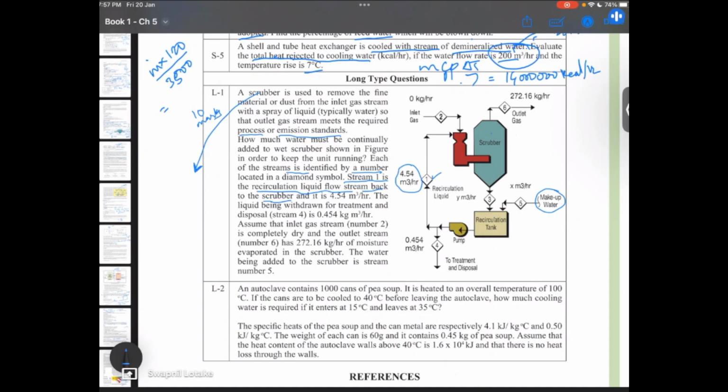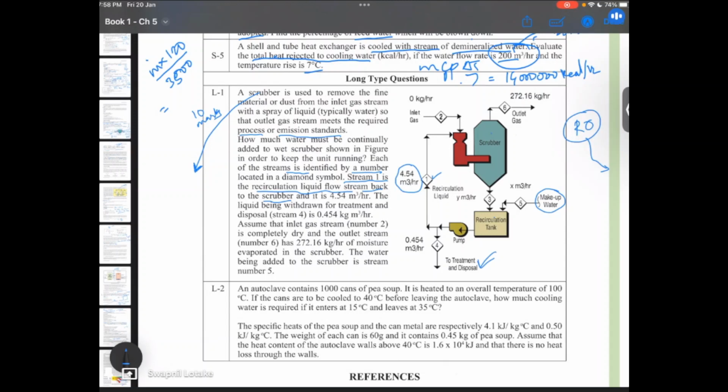The liquid being withdrawn for treatment and disposal is 0.454. You cannot recirculate everything. You need to remove some of it for treatment in ETP or maybe STP, and some of it you have to dispose of, like the RO filter which you have at your home. So some of the water is disposed of. That is this one.